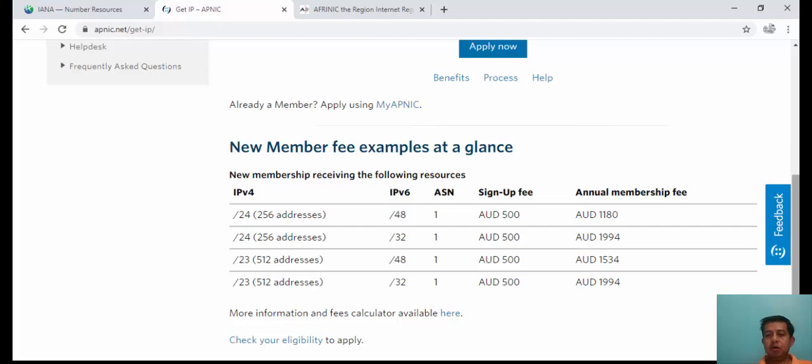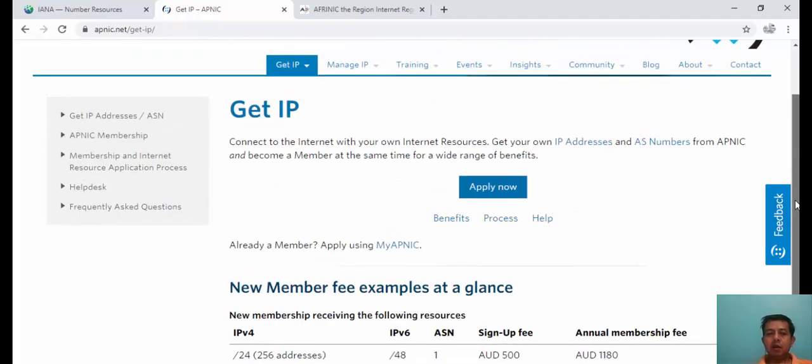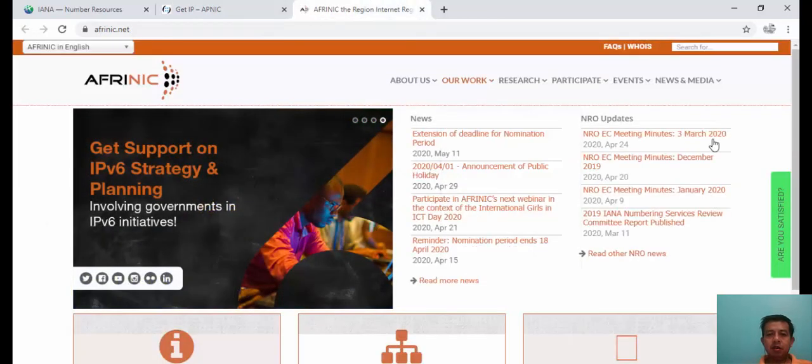So this is how someone gets an IP address. IANA is the original manager of IP addresses, which are further subdelegated to regional registries, which are again subdelegated to different ISPs. Clear? And this is for the Africa region.